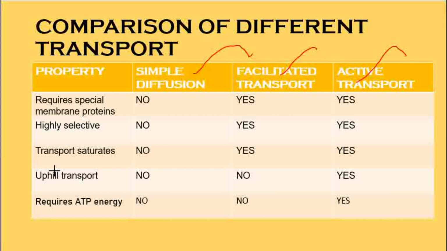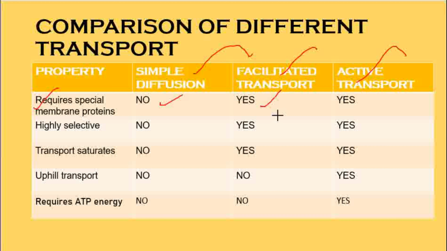If we compare based on some properties, like whether they need special membrane proteins: in simple diffusion we don't need anything, no membrane protein is involved. In facilitated diffusion we need membrane protein because some molecules will not be soluble in the phospholipid bilayer.